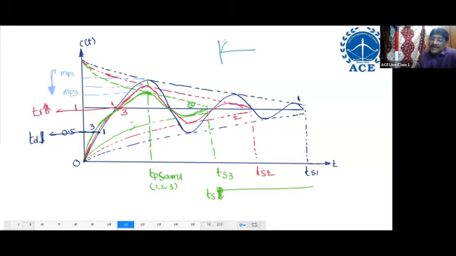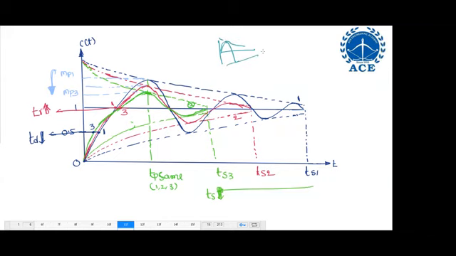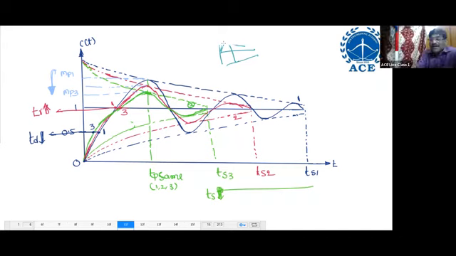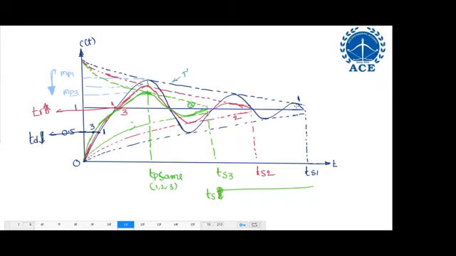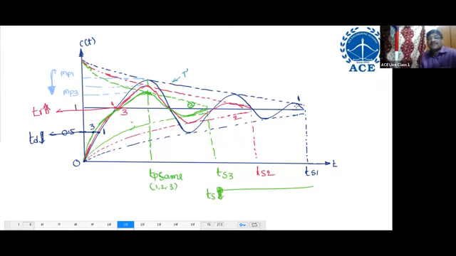How will you decide the peak and the valley point? Between the envelopes only. The envelope is decided by the real part. That means how fast it is, decided by the time constant. Based on the time constant, the decay will be there. In that only you have to draw the oscillations.